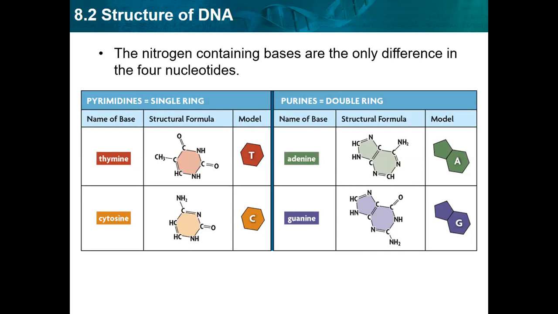This is the reason why, when there is a pairing between these four nucleotides, we have to have one single ring with one double ring. If you have two singles pairing together or two doubles pairing together, you're not going to have a good result.